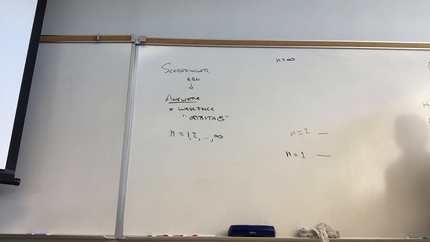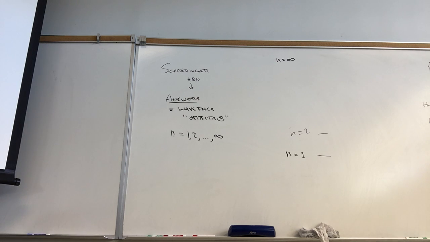And therefore, we call n the principal quantum number, or the energy level. And so E sub n, for the H atom, is going to be minus Z R sub H over, is this Z squared? Actually, I can't remember. Z or Z squared over n squared.